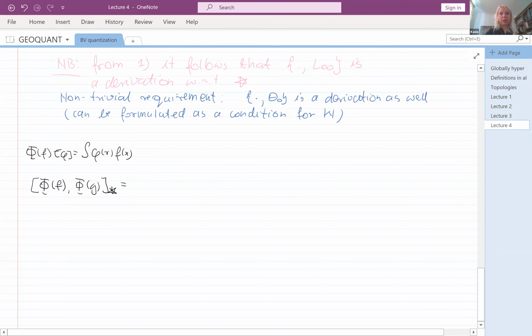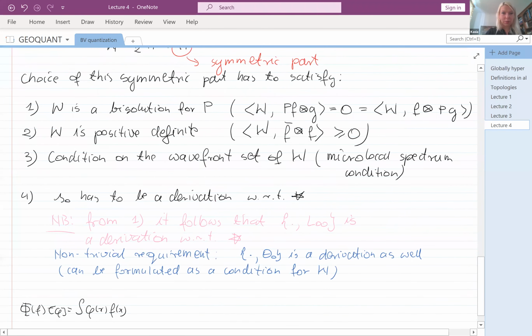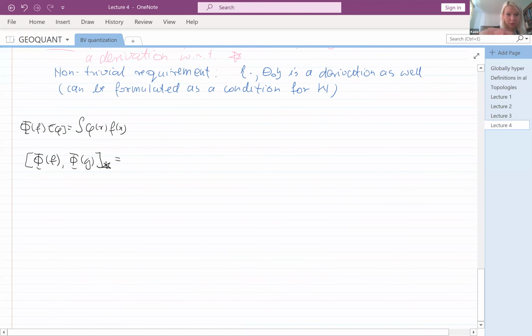Then that catches only the antisymmetric part of W. So there will be the zero order term, which is less relevant, plus i h bar, and now I have pi contracted with f tensor g. And this is exactly the Peierls bracket of these two linear observables.